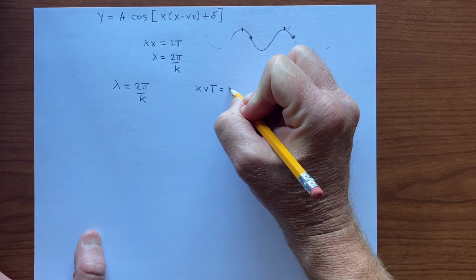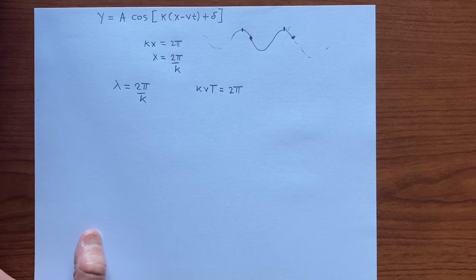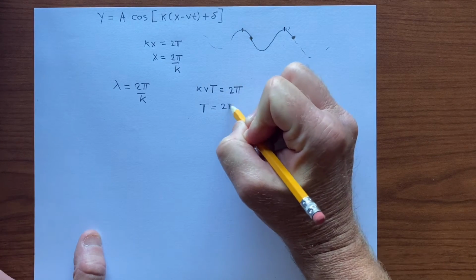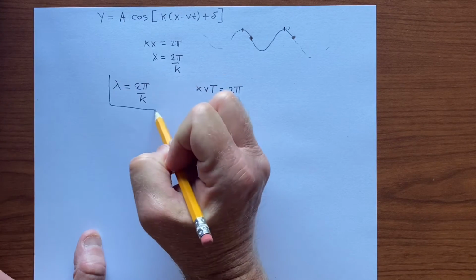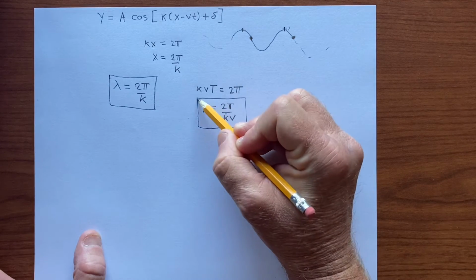So this is 2 pi. Then that's the period for an oscillation, and that is therefore 2 pi over kv. So we have the wavelength, and we have the period of oscillation.